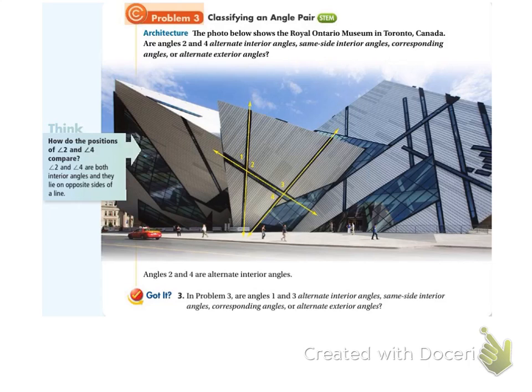Okay, our Got a Problem wants to know, are angles 1 and 3 alternate interior angles, same side interior angles, corresponding angles, or alternate exterior angles? Well, I'll put it here in red as here's my transversal. They are on the same side of the transversal, so it can't be alternate of any sort.